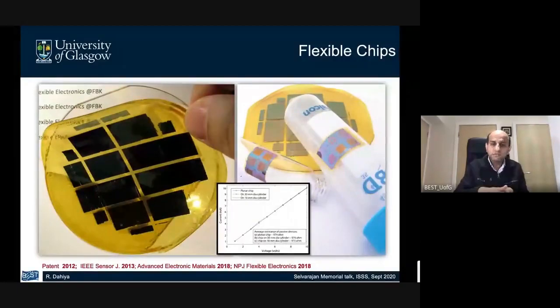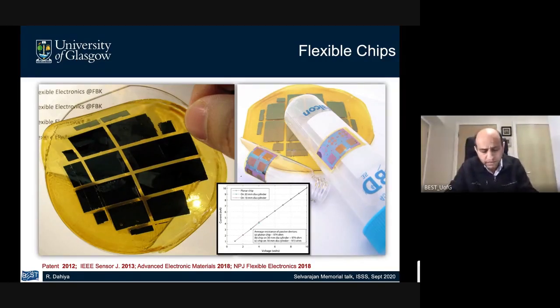Now that's important to have it in the neutral plane, because when you bend the chips, they experience stresses and strain, and because every material experiences this, the piezoelectric effect is there. So as a result, the device response may change, and the neutral plane concept could nullify that. Although I must say that it is quite challenging to have the electronics in the neutral plane. There are always fabrication related challenges in this process.